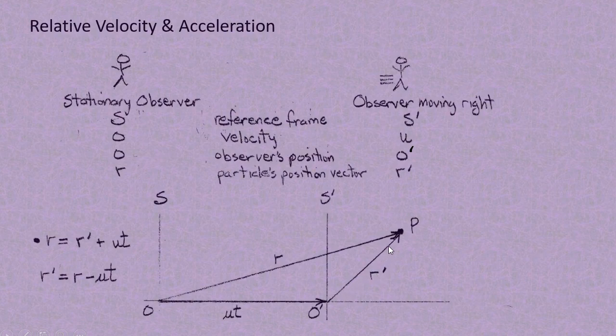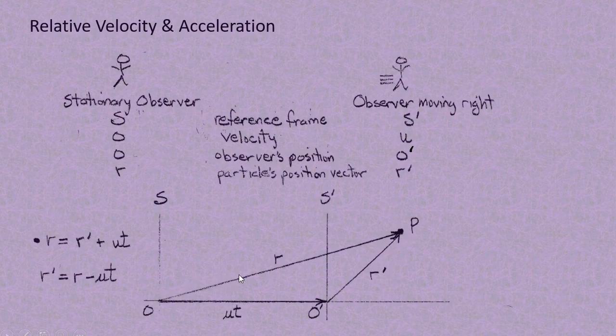Notice r prime vector starts at the head of the ut vector, and the particle position vector for the stationary observer, r, starts at the tail of the ut vector and ends at the head of the r prime vector.